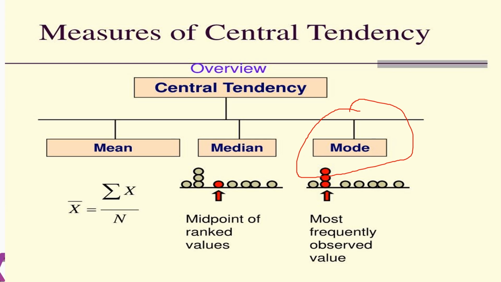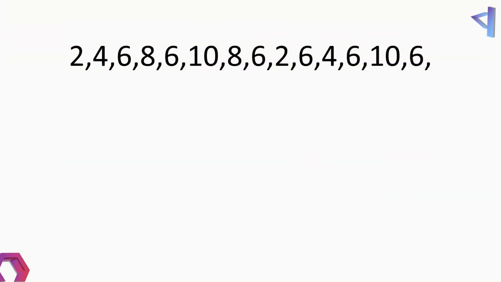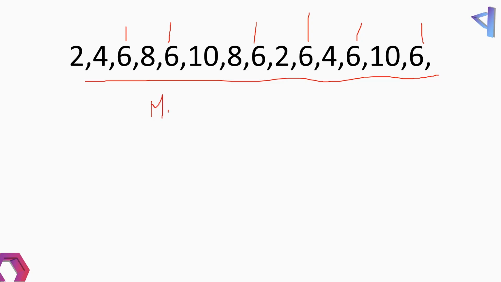For example, if you have this type of data and I want to find the mode, the simplest way is to check which observation is repeated the maximum number of times. 6, 6, 6, 6, 6. 6 is most frequent. So mode is 6.